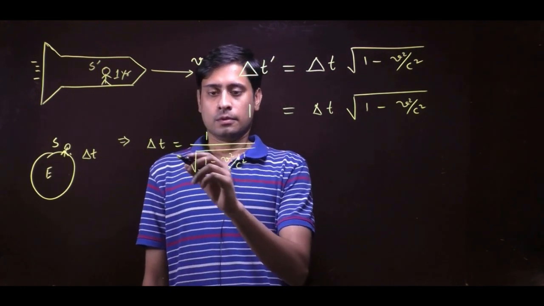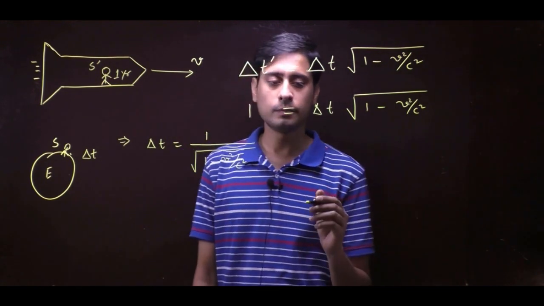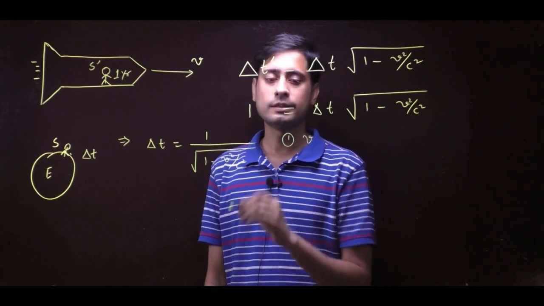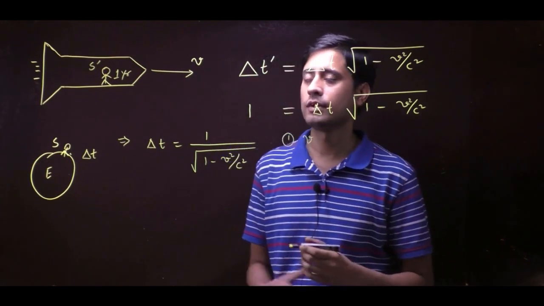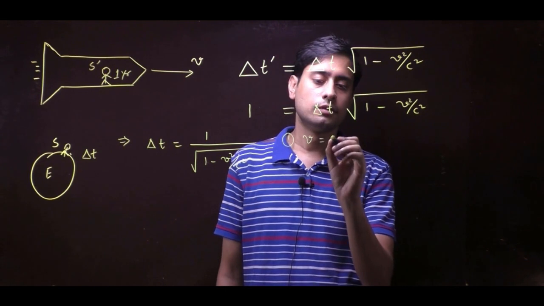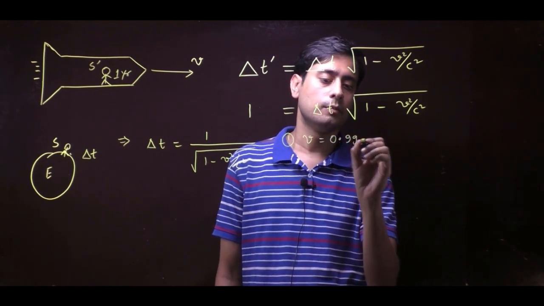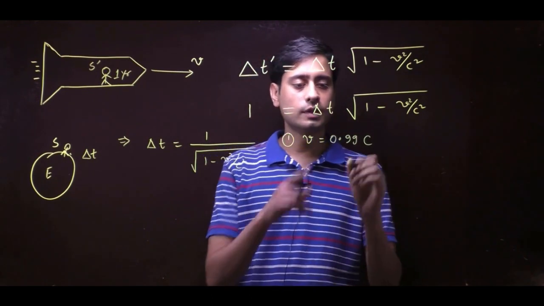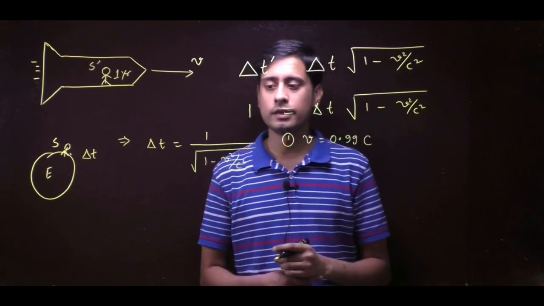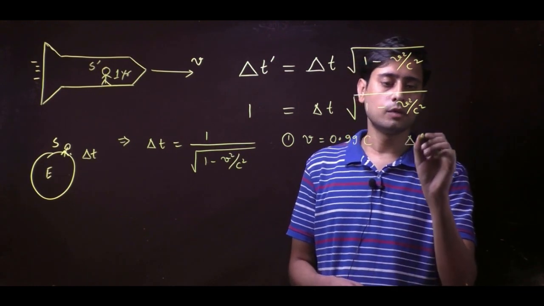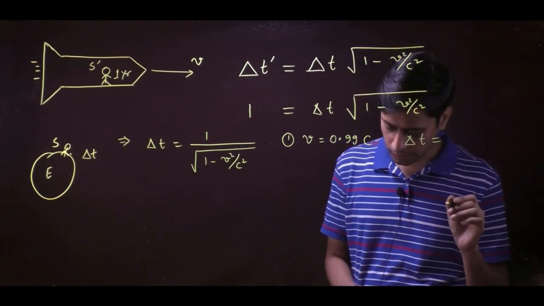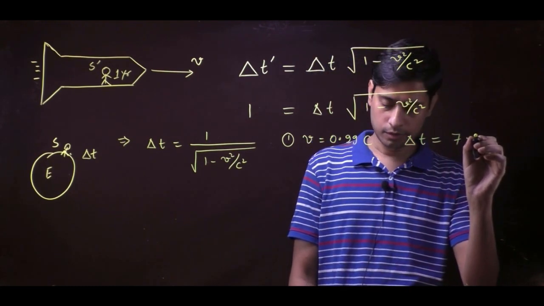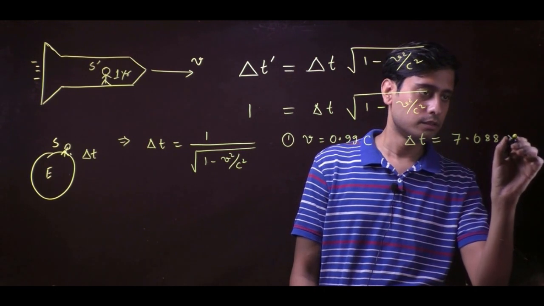If we assume some cases, like first case, if the spaceship is moving with a very high velocity, which is 0.99 times the speed of light, then for this velocity you will find that delta t comes out to be approximately 7.088 years.